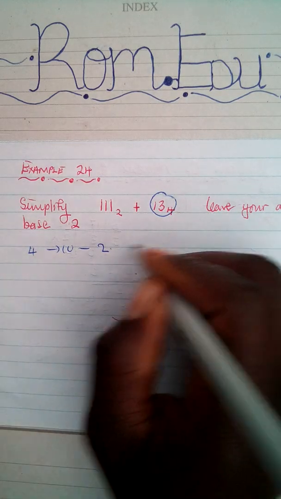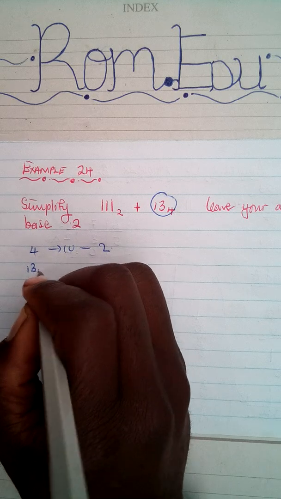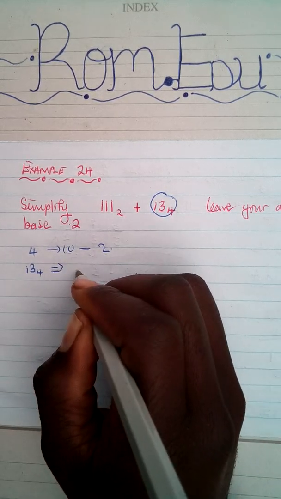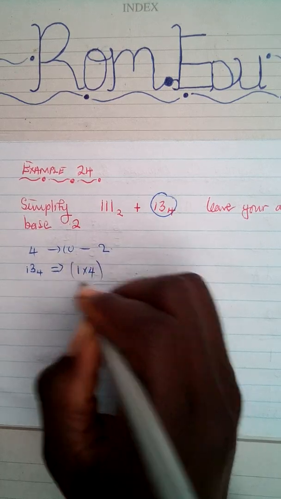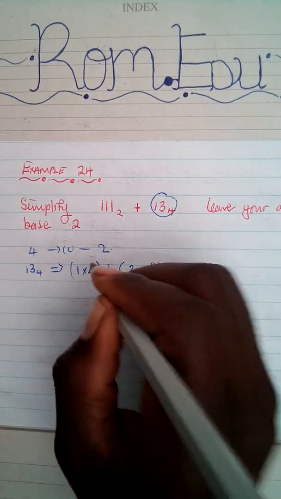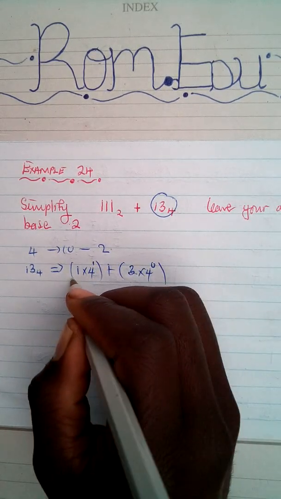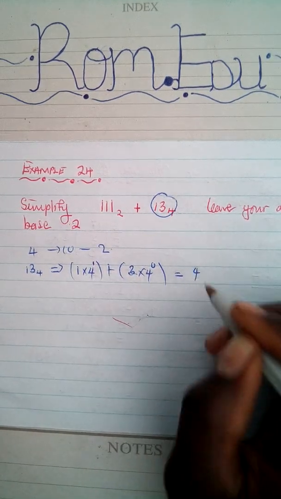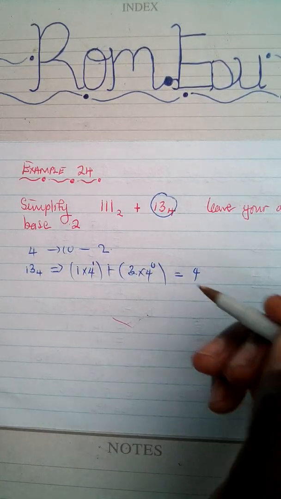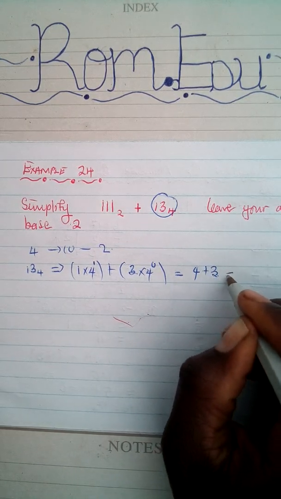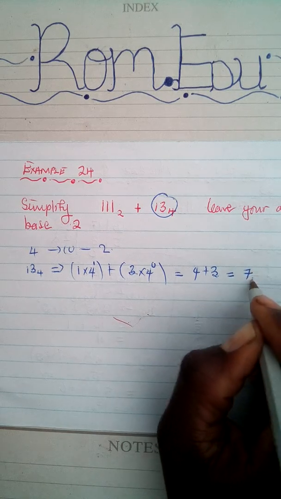So I'm going to convert 13 base 4 to base 10, which is 1 times 4 to the power 1, that's 4, plus 3 times 4 to the power 0, that's 1, 1 times 3, that's 3, which gives 7 in base 10.